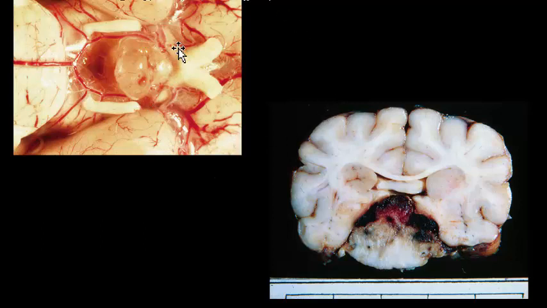This is what we see in dogs, very much like those calves, which have a lack of formation of the pars distalis because of improper development of the oropharyngeal ectoderm of Rathke's pouch.